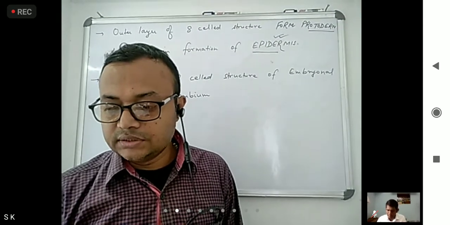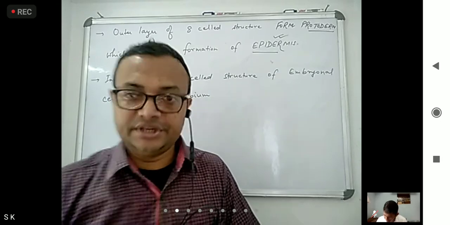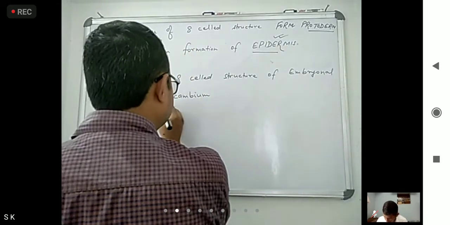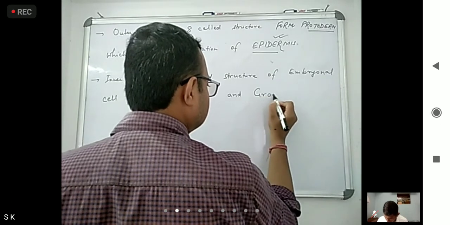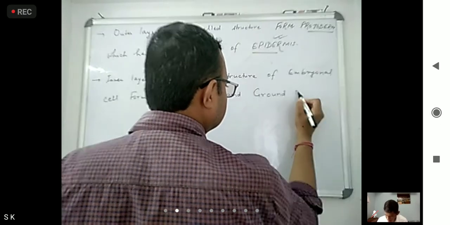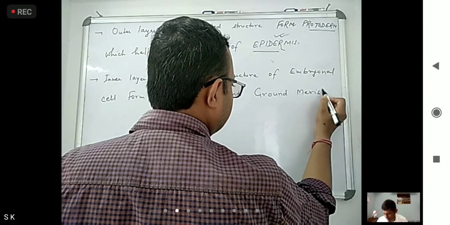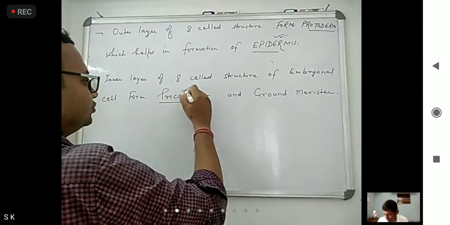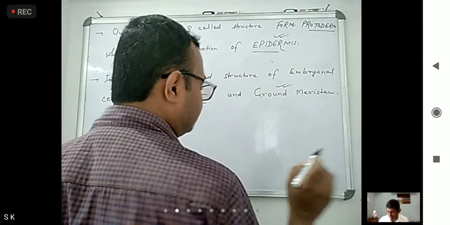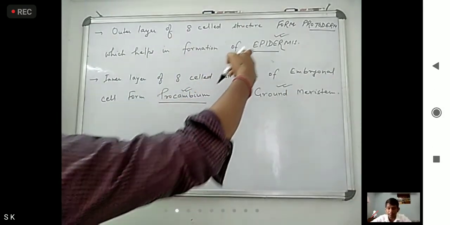Procambium and ground meristem. So one is forming what? Procambium, and another one, ground meristem. Okay, so these two lines you have to give attention. First, which one is forming epidermis?